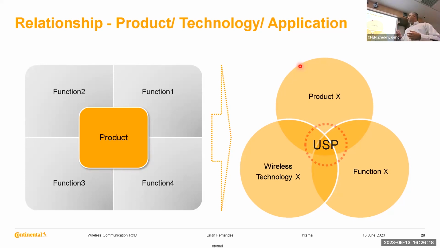This way, we can have a single product having multiple functions using different technologies. Similarly, we can have a single technology in multiple products, giving us multiple different functionalities. So it's really critical to understand that all of these three things must come together to give us a unique selling point for our customer in terms of the features that we provide.